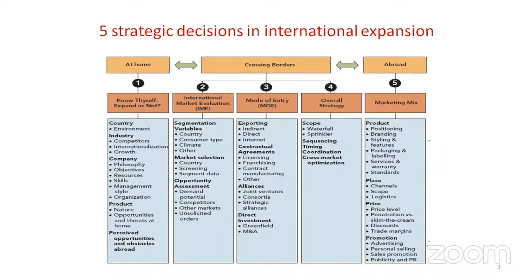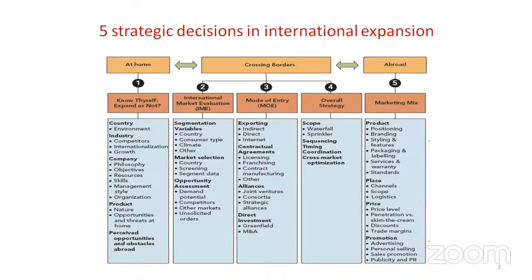Like which country and what is our country's environment, and in the same country, for my industry, who are my competitors, what are the internationalization policies, and what is the growth prospect for my industry. We see who are my competitors in the domestic country, and how many internationals are there, and what is the growth prospect in my country for my industry itself.